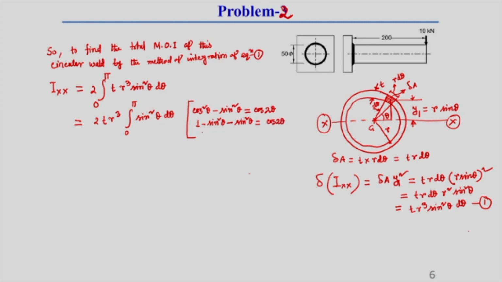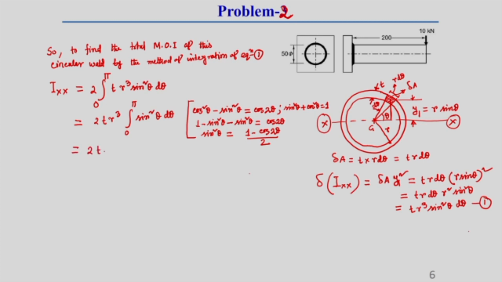So, we can say sin square theta equal to 1 minus cos 2 theta divided by 2, correct. This is one formulation, another formulation is sin square theta plus cos square theta equal to 1. By using these two formulations, we get sin square theta equal to 1 minus cos 2 theta divided by 2.